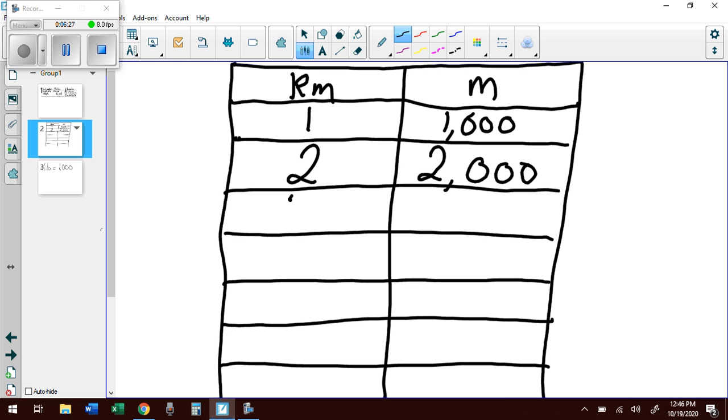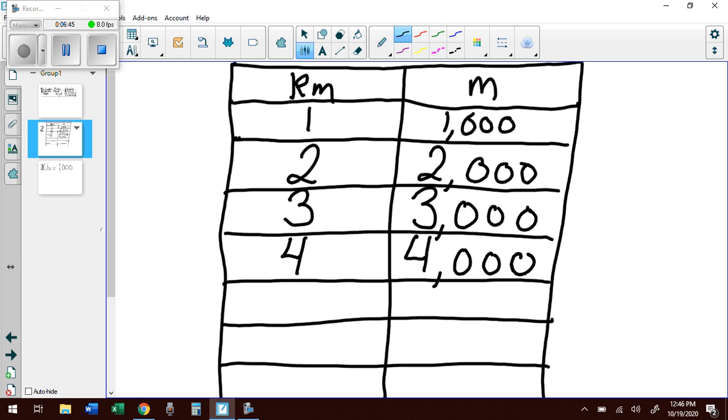And if we had 3 kilometers, we would have 3,000 meters. And if we had 4 kilometers, we would have 4,000 meters.